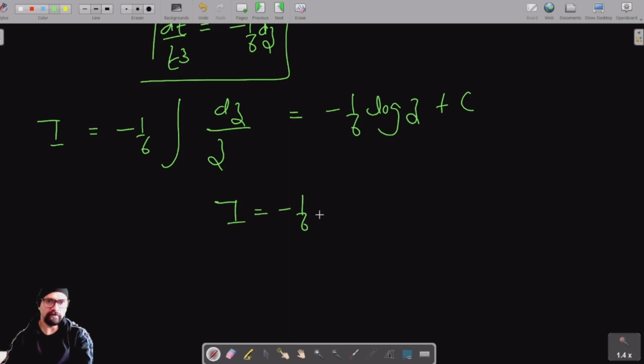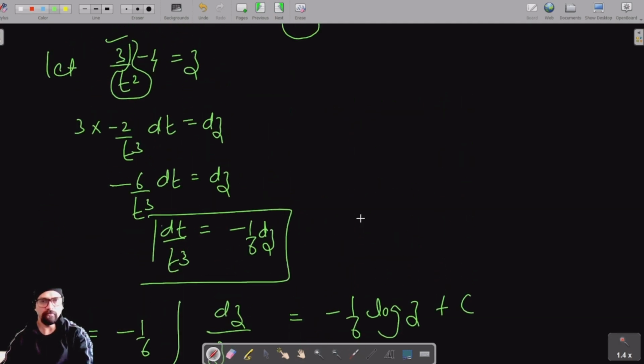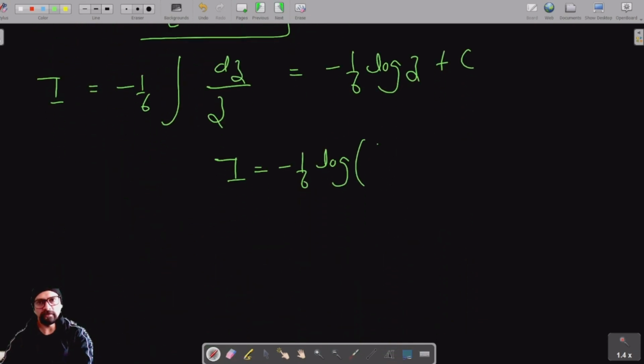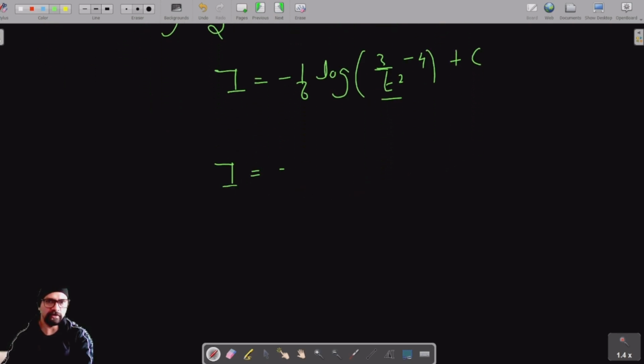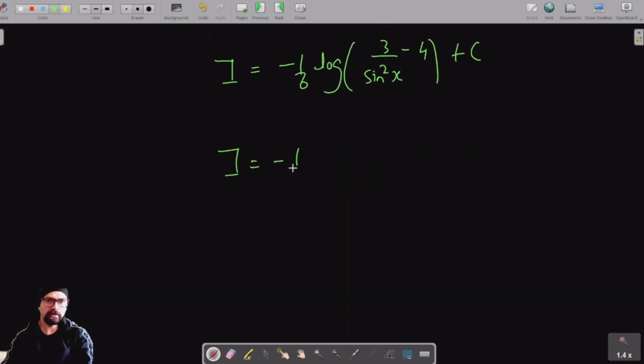And let's replace the value of z, which was 3 upon t square minus 4 plus c, and let's replace the value of t. t was sine x, so this is 3 upon sine square x minus 4 plus c, and 1 upon sine square x is cosecant square, so this is 3 cosecant square x minus 4 plus c.